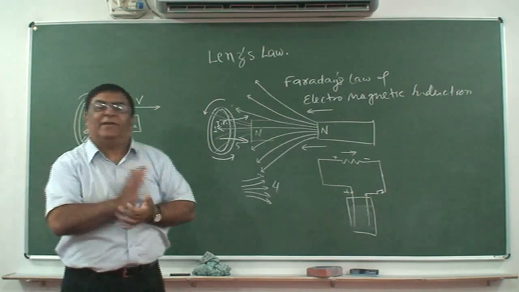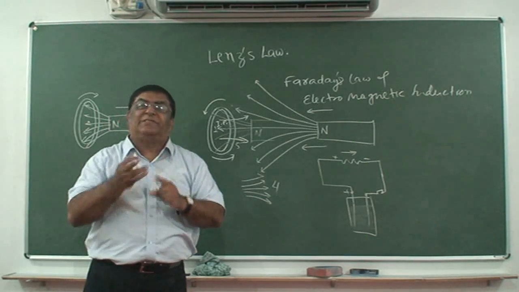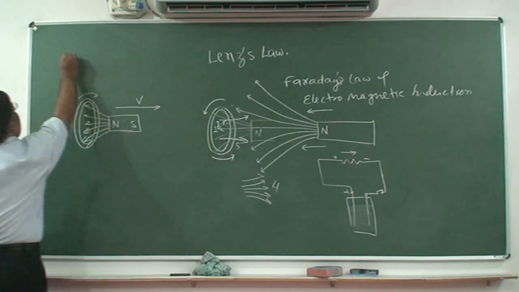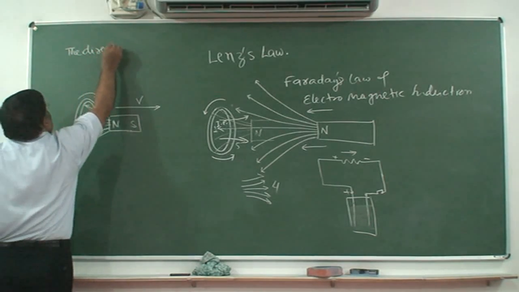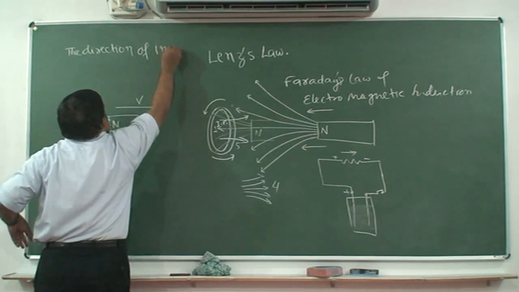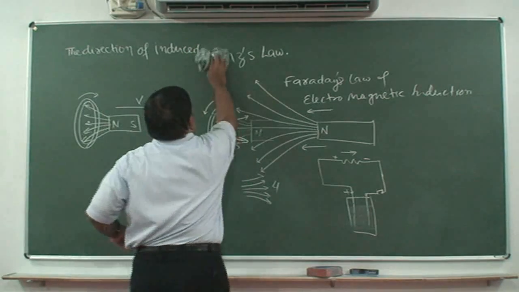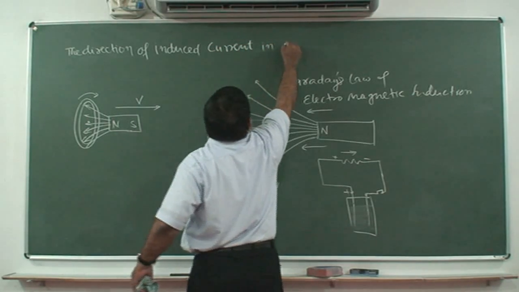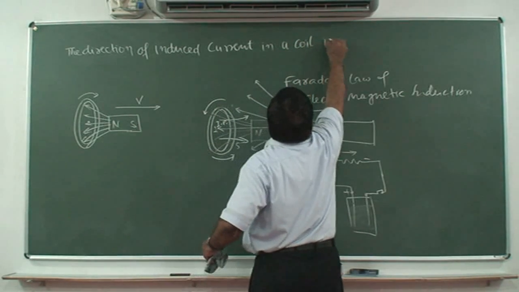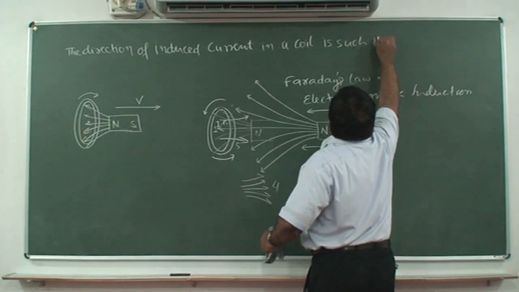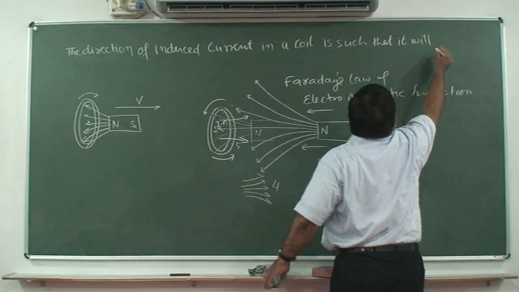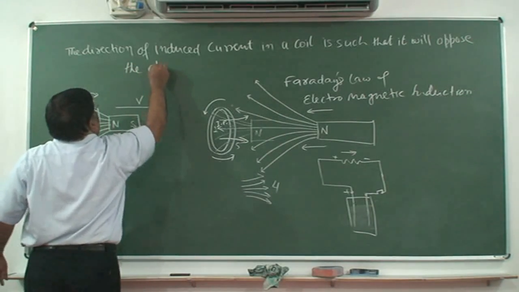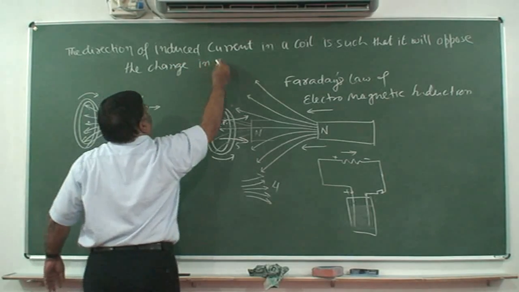And with these, what is our ultimate result? What is Lenz's law? That the direction of current will be such that it will oppose the change in flux. That's all. So let's write Lenz's law. The direction of induced current in a coil is such that it will oppose the change in magnetic flux.